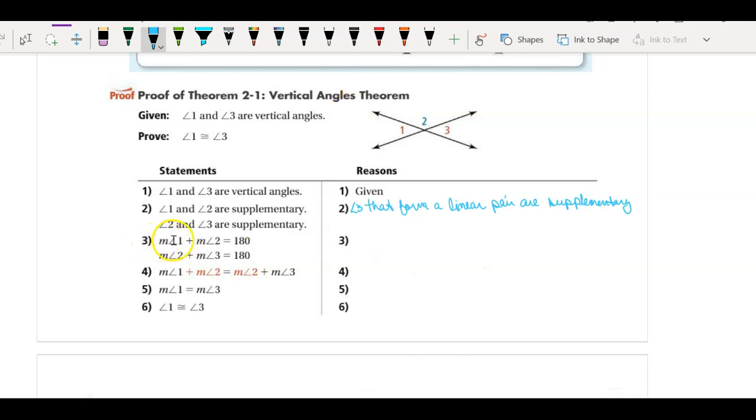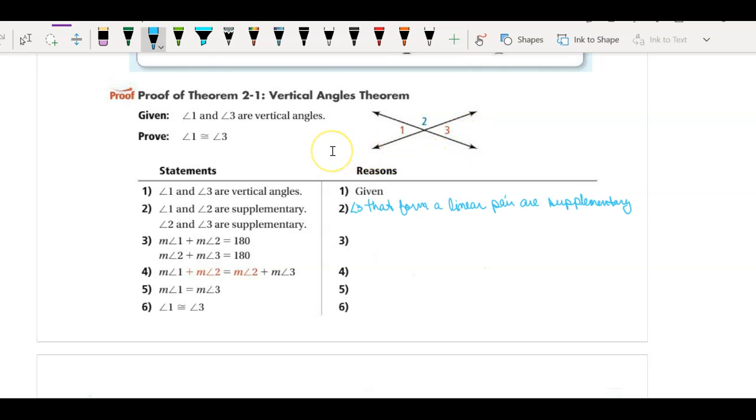Now let's take a look at statement 3. The measure of angle 1 plus the measure of angle 2, that's these two angles right here, is equal to 180 degrees. Now the second statement: the measure of angle 2 plus the measure of angle 3 is equal to 180 degrees.